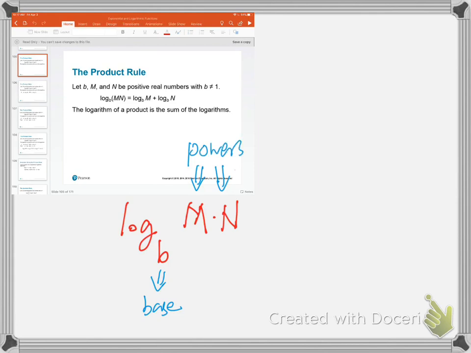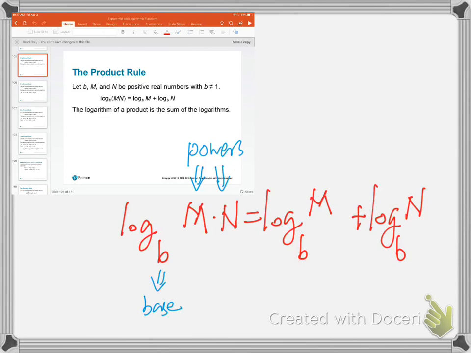By this formula, you will get the sum of two logs with the same base b, with power m and power n separately. So the log of the product is the sum of the logs. This is the product rule.